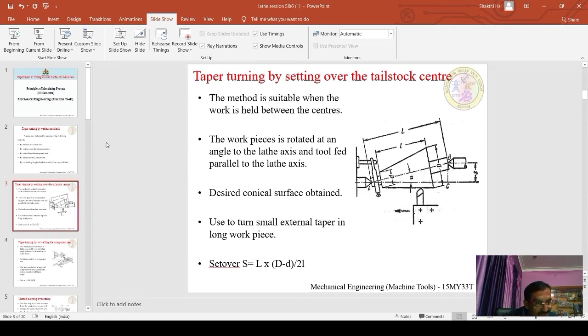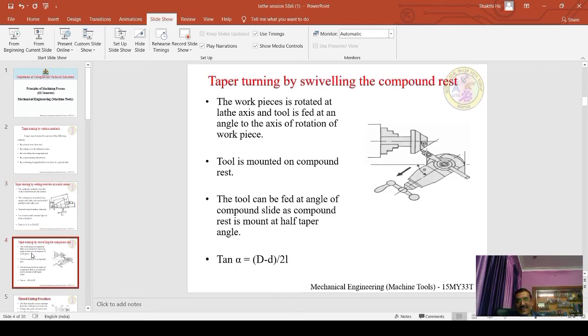Next is taper turning by the compound rest method. In this method, the workpiece is rotated on the lathe axis, and the tool is fed at an angle to the axis of rotation of the workpiece. The tool is mounted on the compound rest.